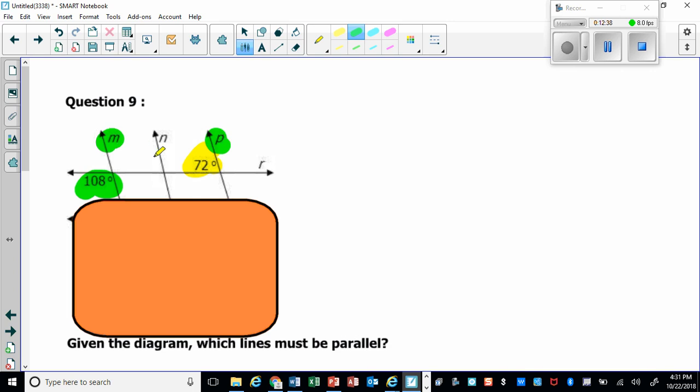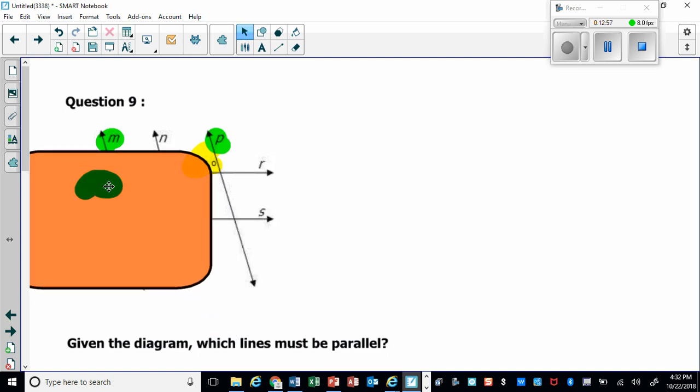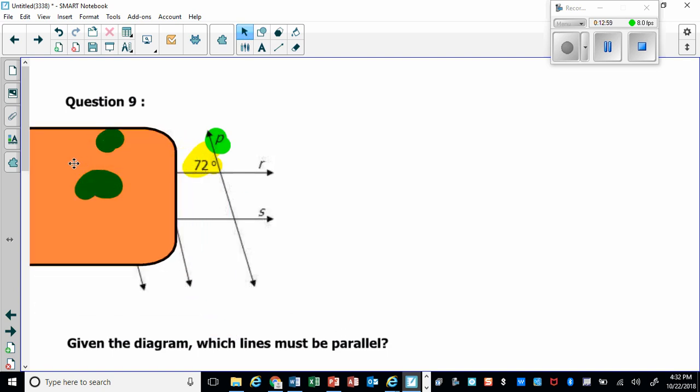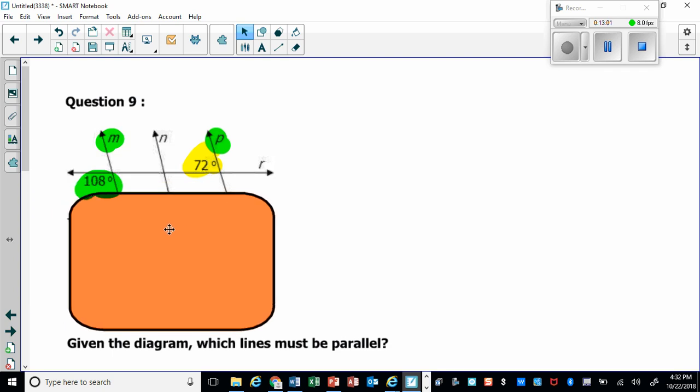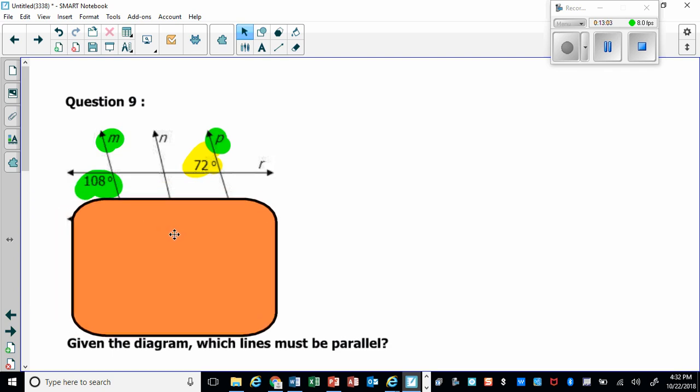N doesn't have anything. N doesn't have any angle. No. P and S? Where's S? That's so confusing. Because we have a 72, and then at the bottom of N. But if you cover this, you have to understand, you can only look at the common transversal.